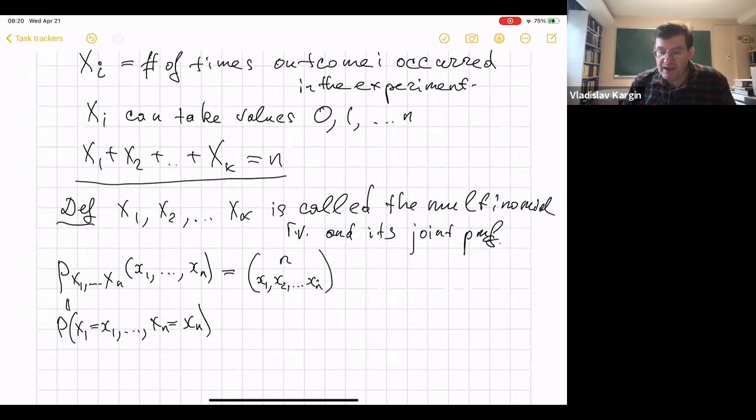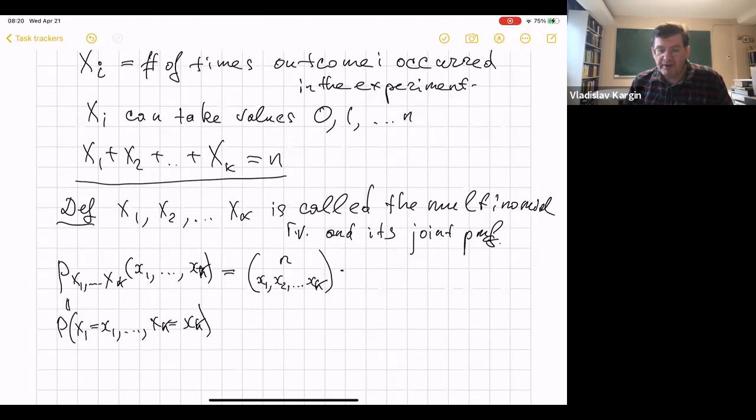Not xn, xk here, and here is also xk. Remember that k is the number of categories. Everywhere here is xk. n is the number of outcomes.